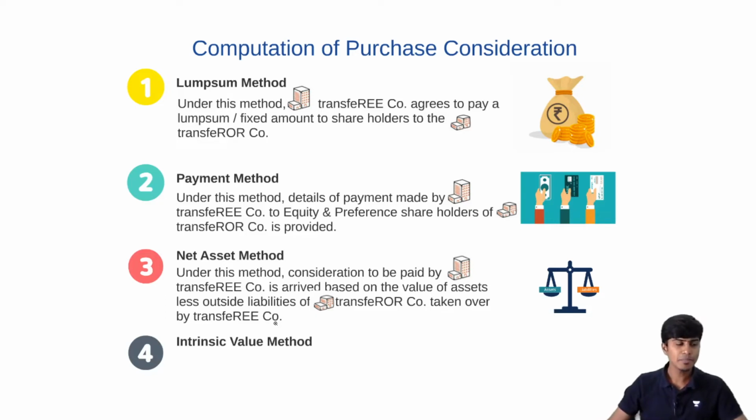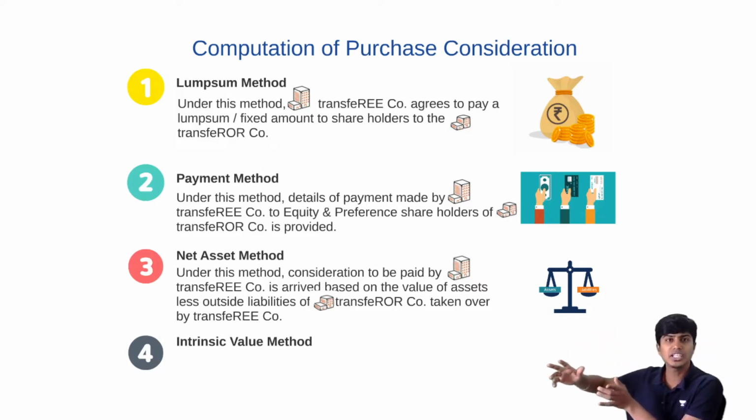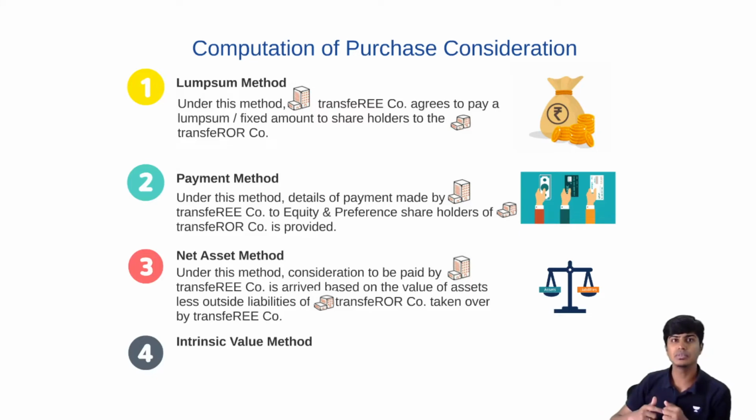Now to understand this, you need a little backstory. Whenever you go for a merger, one company is liquidating and the shareholders of that company should get shares in the other company. Agree? Whenever the shareholders of the transferor company get the shares of the transferee company, in what proportion do they get them? We state some ratio, no?